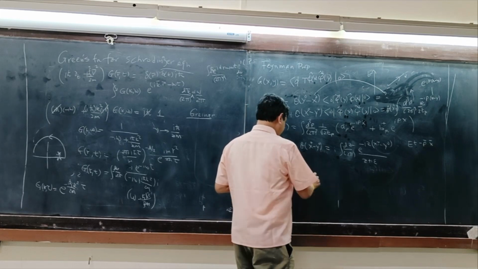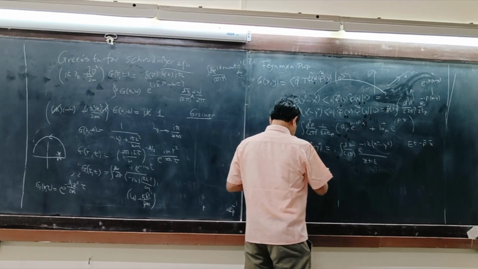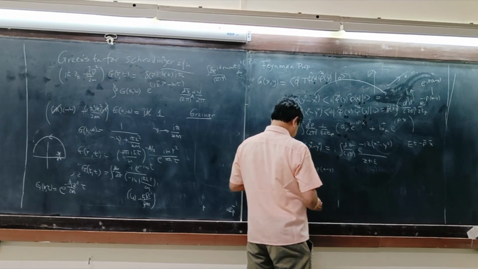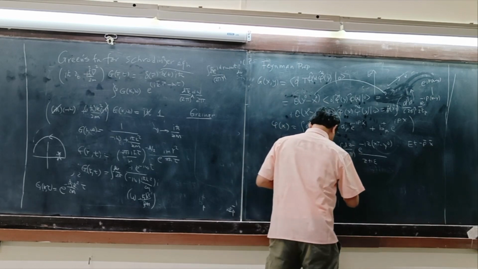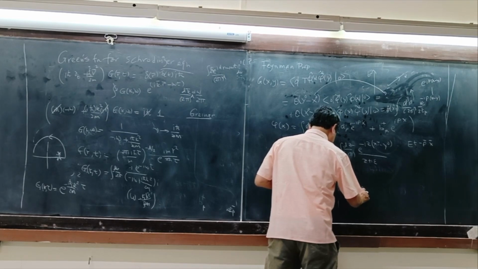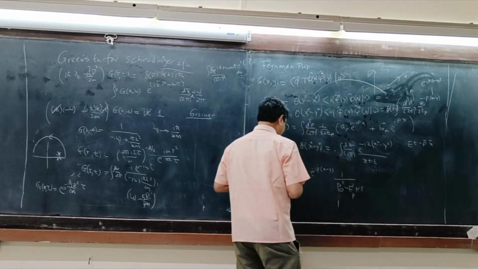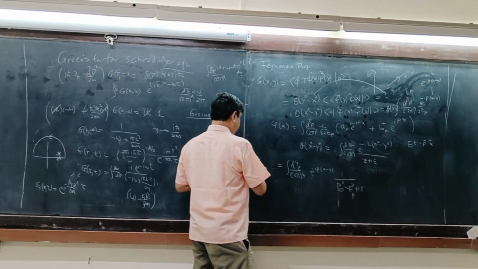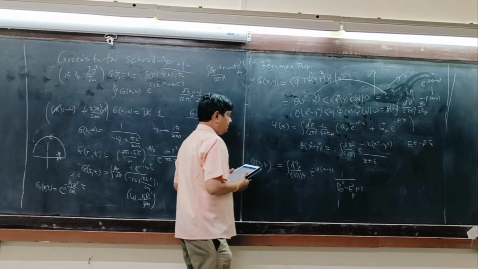d4p, this is a bit of algebra, by 2 pi to the fourth, for ip. Okay, so this is that Green's function.